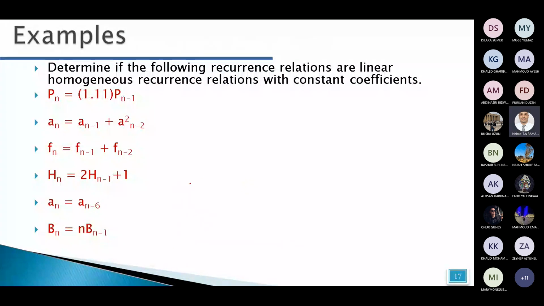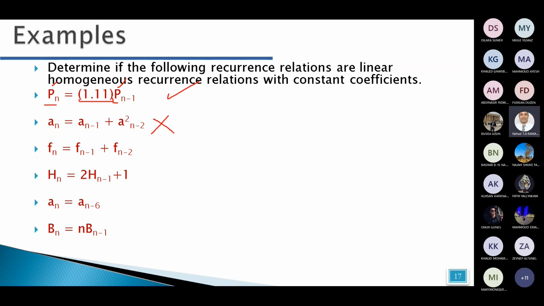So depending on that, linear homogeneous recurrence relation with constant coefficient, we have this example for recurrence relation. This one, yes, it's linear because there is no exponent except 1. It's homogeneous, yes, because we have only a as variable. With constant coefficient, yes, this number is considered a constant coefficient.